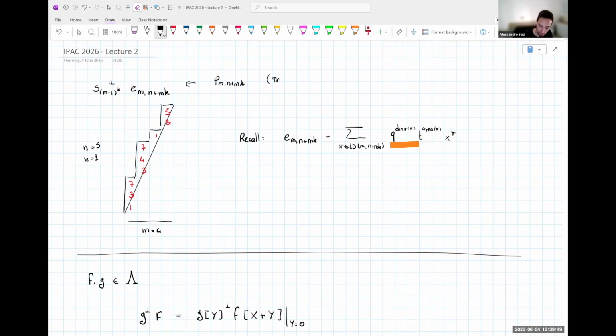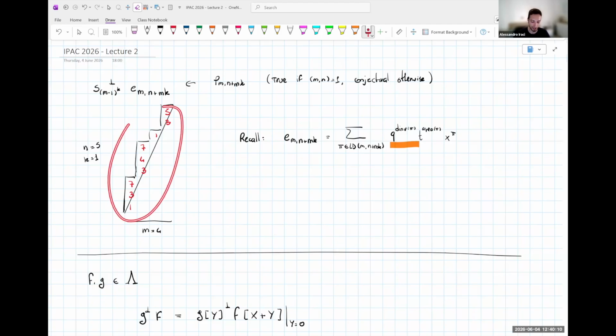This is true if M and N are coprime, conjectural otherwise. So we also have a generating function for the same set of objects, except you can disregard the restriction of being above the main diagonal. You can also go below it.